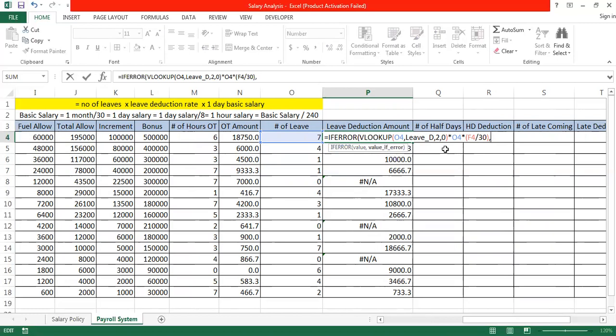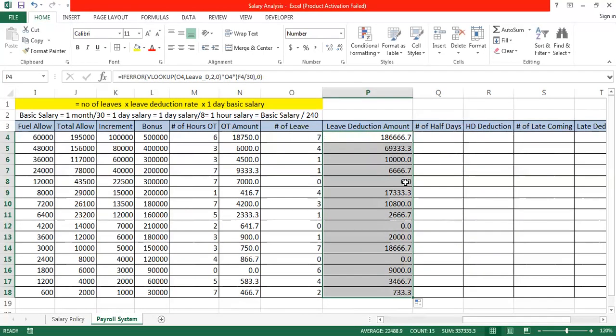If zero leave has been performed, there will be no deduction, so zero. So you can see, instead of NA, that not applicable issue is resolved, and we will have over here the value zero, that no leave, no reduction in salary. You can see.